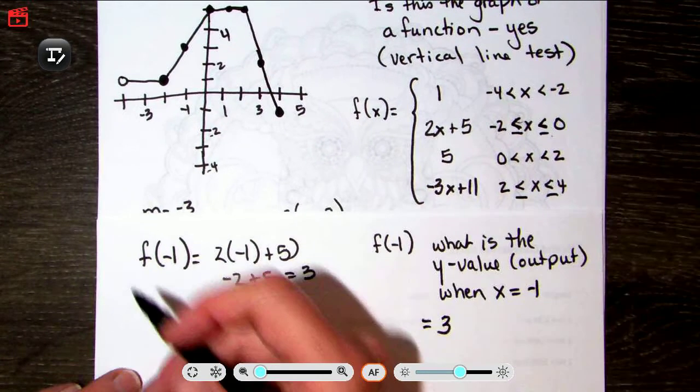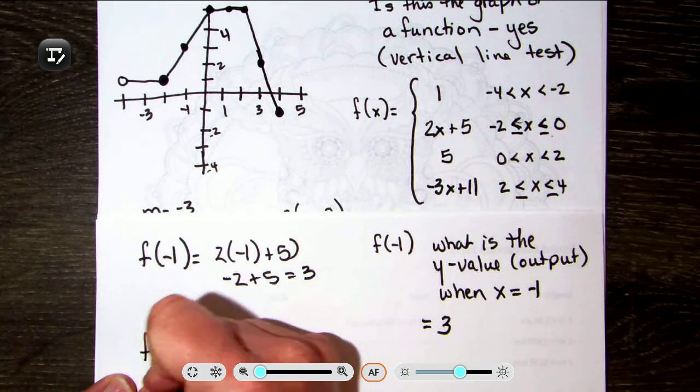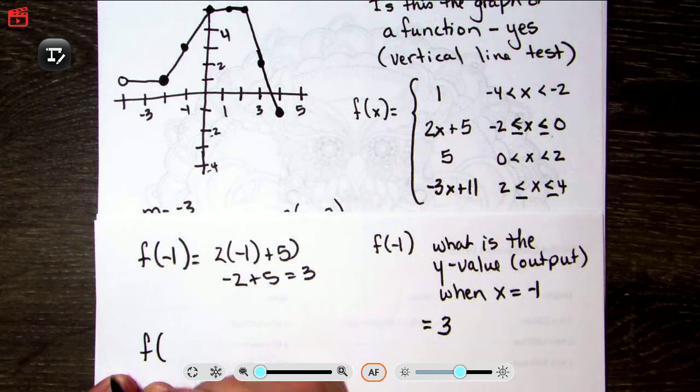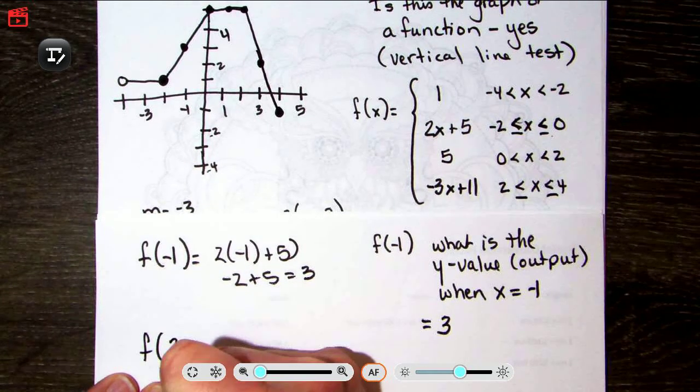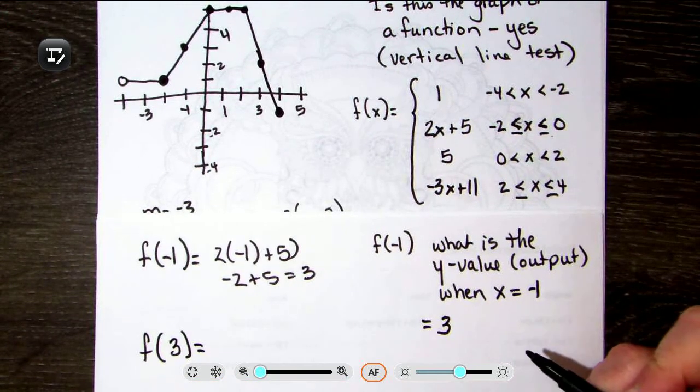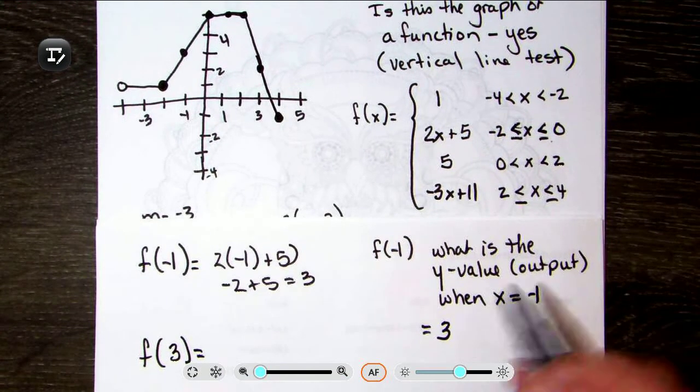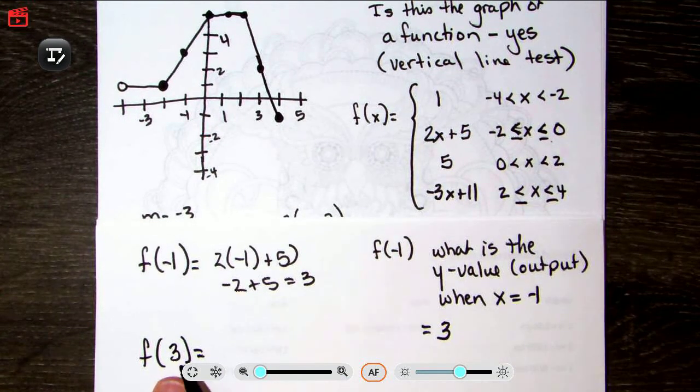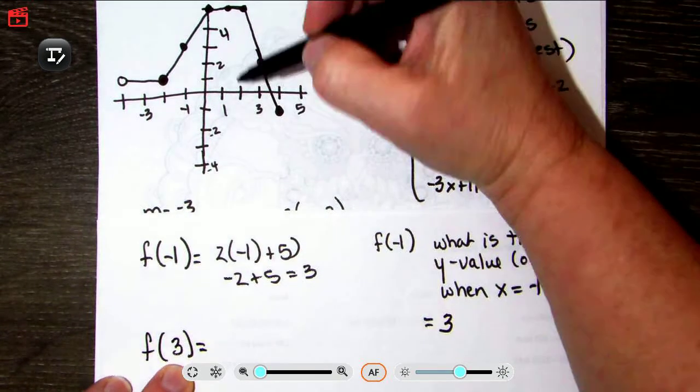Okay, let's do another one. Let's do f of 3, and I'm just going to use the graph. So this is asking me, what is the function when x is 3? So the function is like the y value. So what is the y value when x is 3?